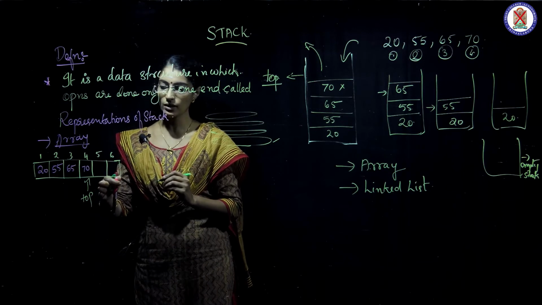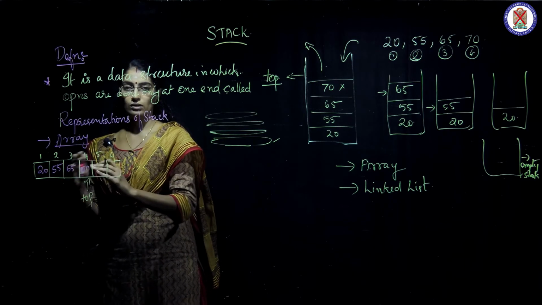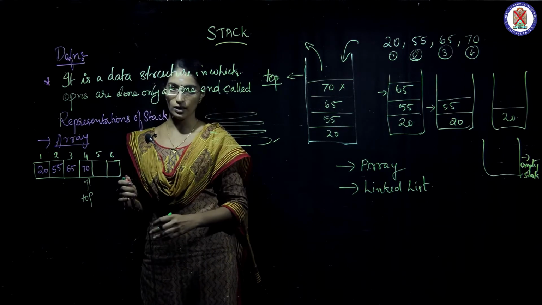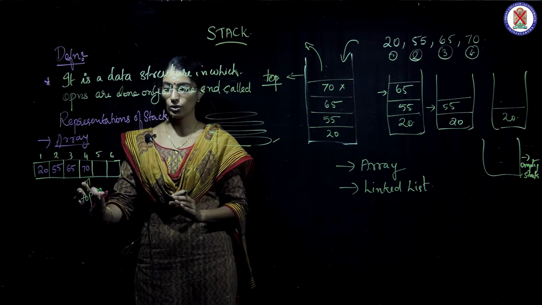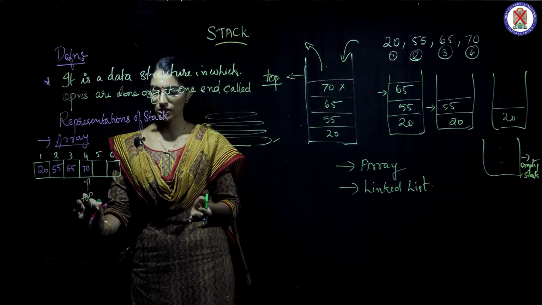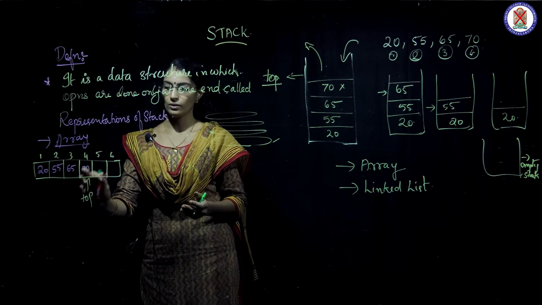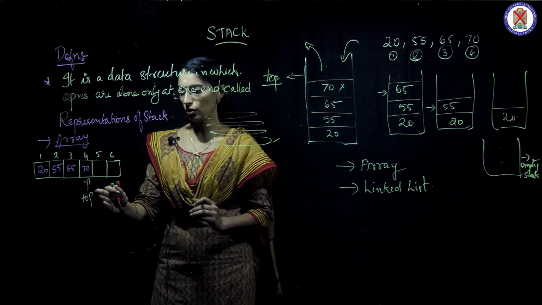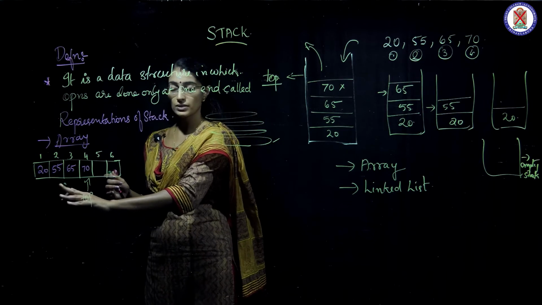Even though we are implementing this using array, in which we know that we can do insertion and deletion in between any elements, when you are using the stack concept with the help of array, you should not do that. Only insertion and deletion should be done at the top portion. If you are going to do insertion, you have to start from the top. If you are doing deletion, you have to start from the top itself. How that can be done, I'll be showing in the following videos. So this is the representation of stack using array.